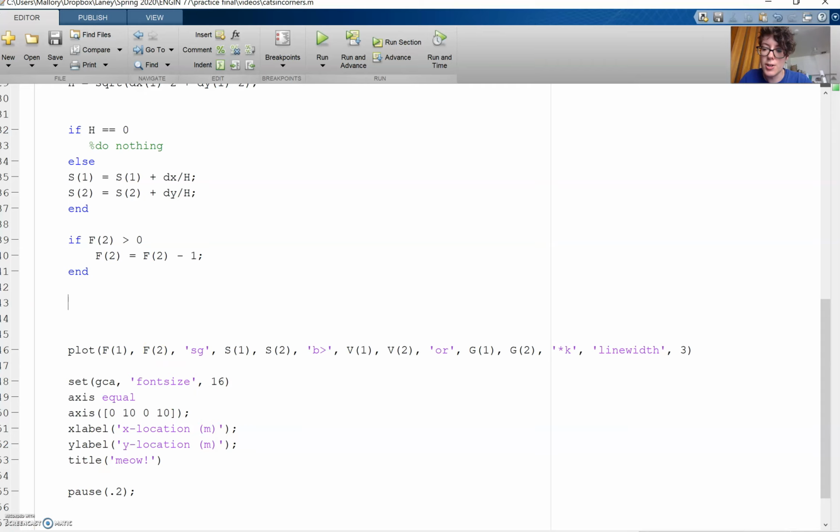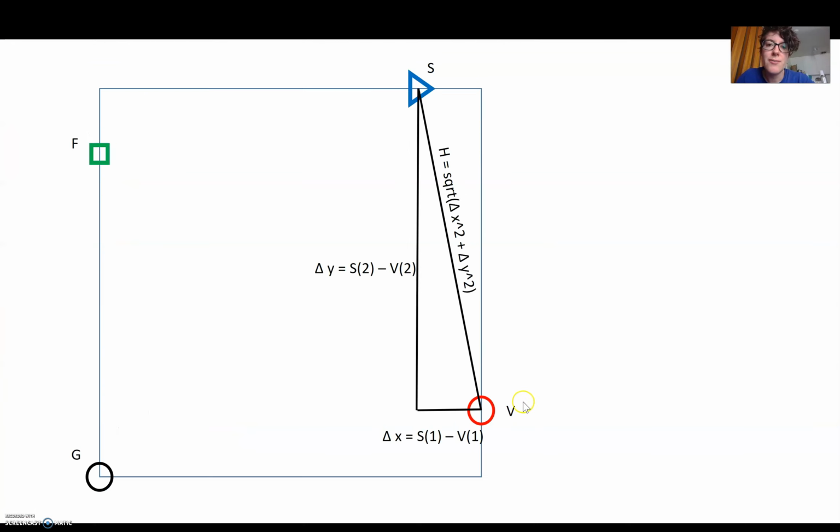So we need to do a similar thing for our next two, but first let's look at those triangles for our next two. So here between V and S, the change in Y is going to be S2 minus V2. That way, if that is a positive number, like we see here, V is going to run in the positive direction, but if it's a negative number, then we'll run in the negative direction. Here I have S1 minus V1.